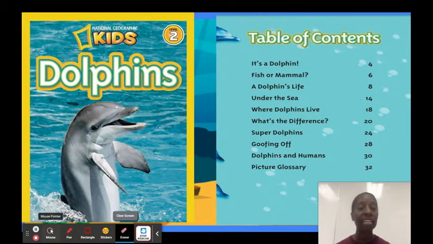And the title, for an example, fish or mammals, if we turn to page 6, that's what we're going to read about. So I'm going to ask you now to turn to page 6 because I want you to remember, scholars, we're not reading the whole text. We are specifically looking for captions and labels.